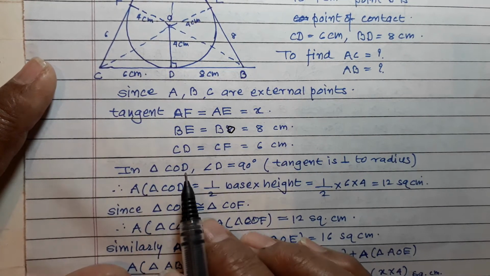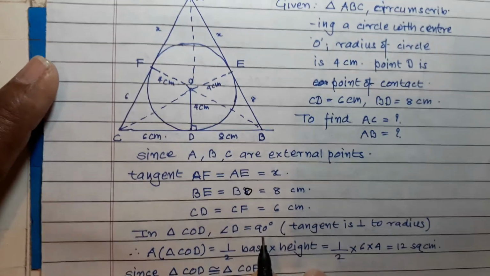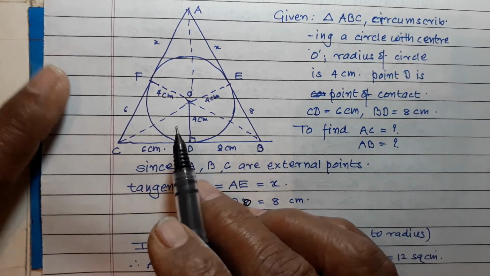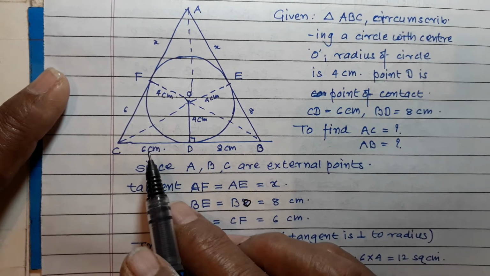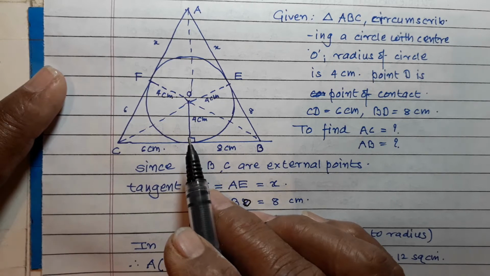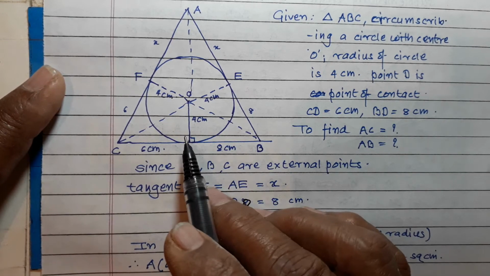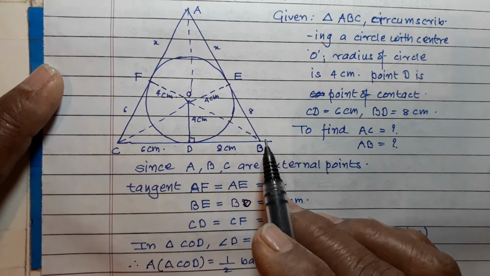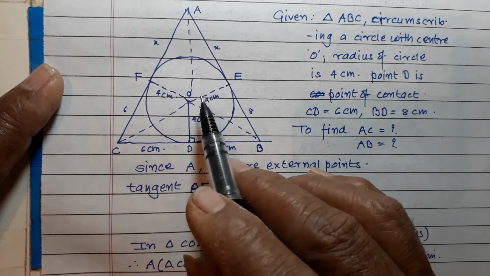So in triangle COD, this is 6 and this is 4. This is a right angle triangle because this angle is equal to 90. This is the radius of the circle, perpendicular to the tangent.